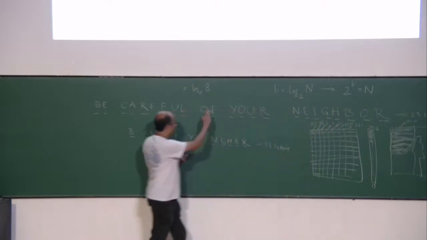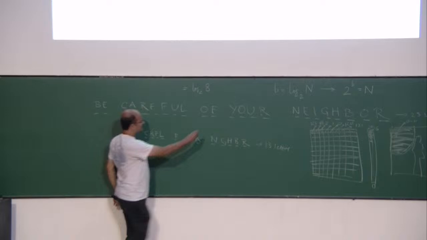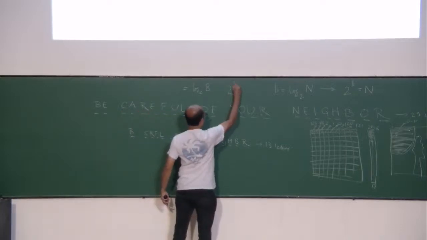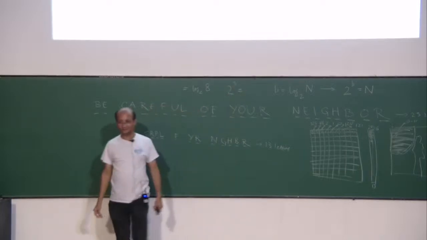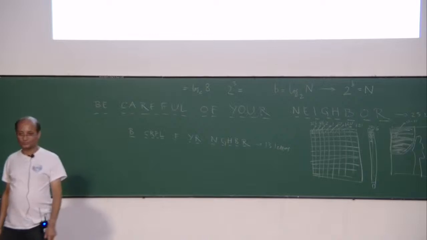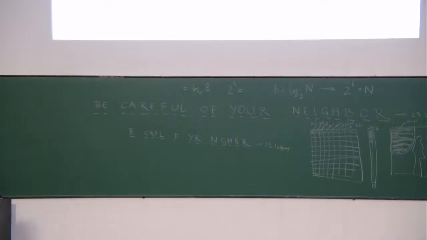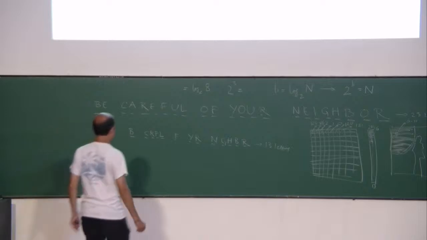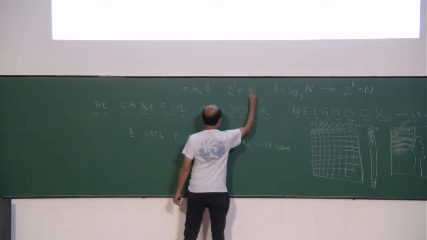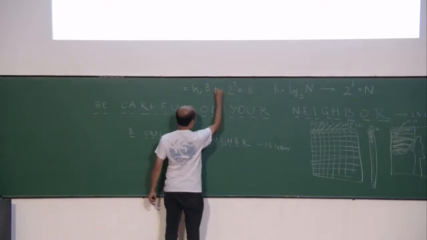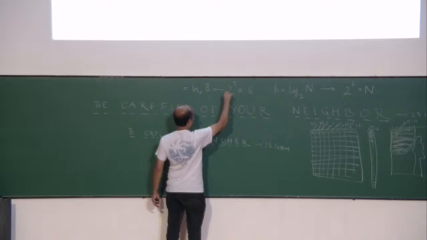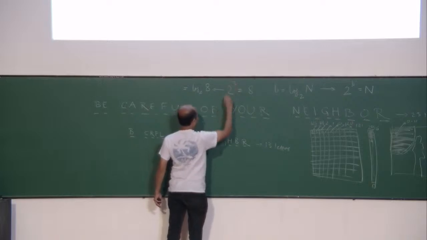So why is Nisha saying it's 3? Very simple. What is 2 raised to the power 3? That means 2 times 2 times 2, which is 8, right? So if it is 8, now I take log to the base 2 on both sides.